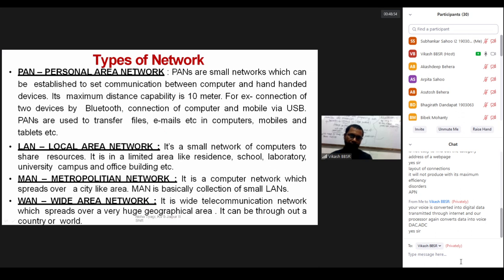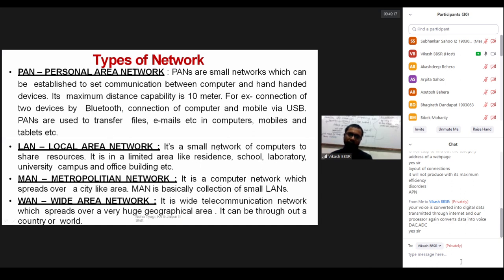Types of network. What are the types of network you know? PAN, personal area network.